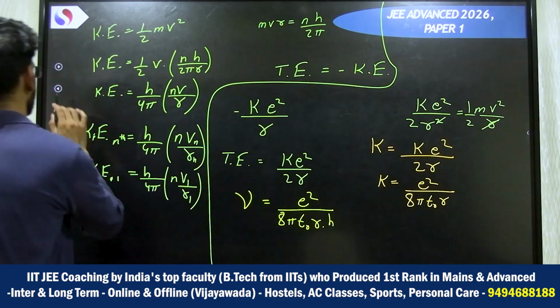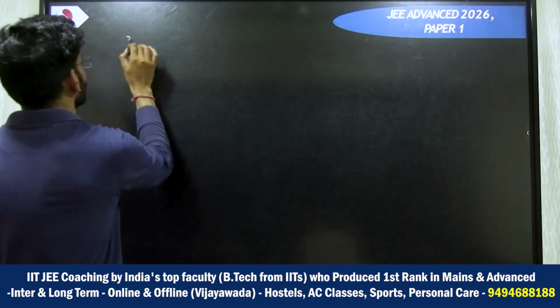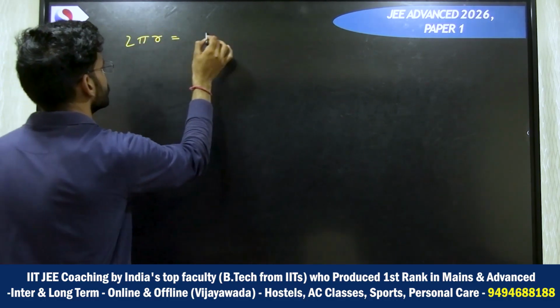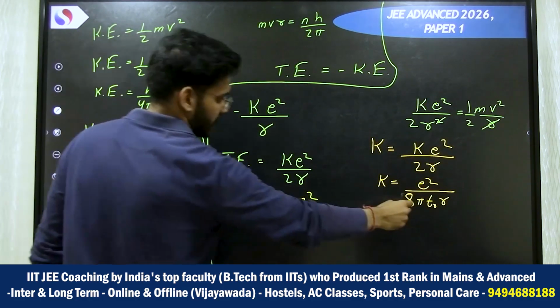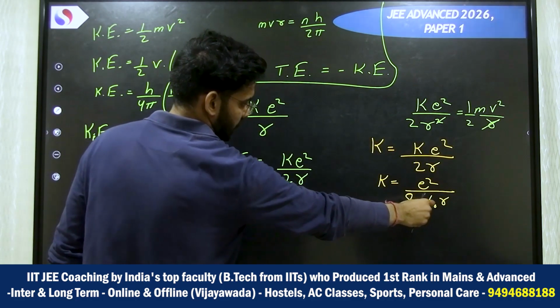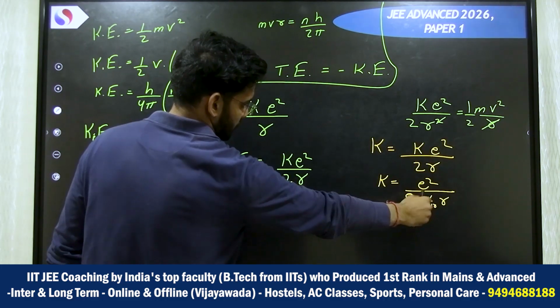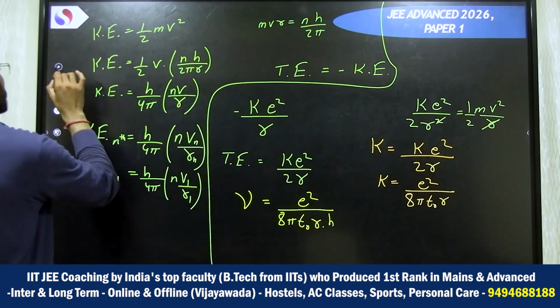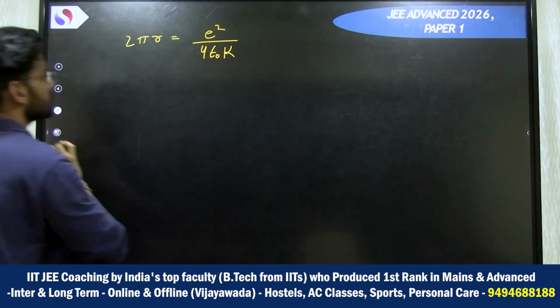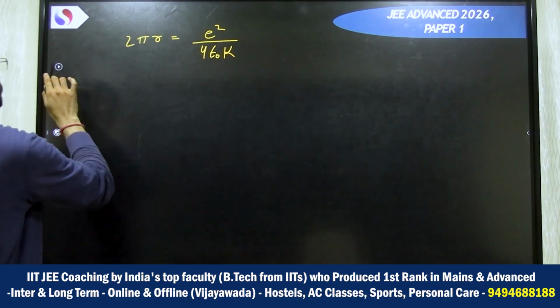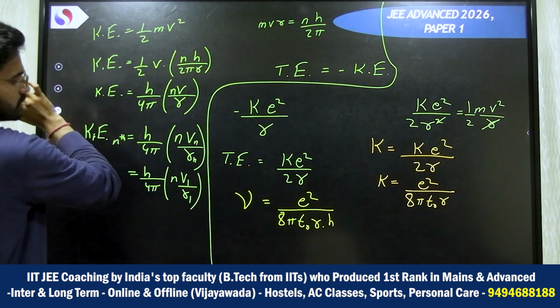So what we did here is that 2 pi r on this side equals e square by k. So 2 pi r, so 4 epsilon naught remains, divided by k, otherwise 8 pi epsilon naught, 8 pi r, yes, okay.